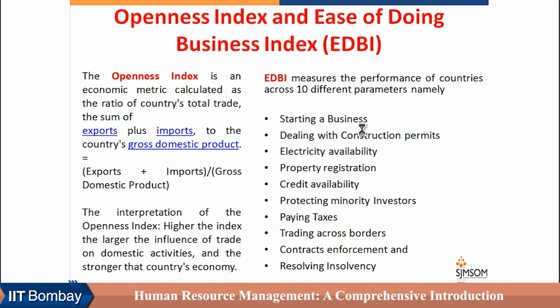The ease of doing business index includes 10 different parameters like starting a business, dealing with construction permits, electricity availability, property registration, credit availability, which is connected to the maturity of the banking system, protecting minority investors, that is how well the capital market regulator is functioning, paying taxes, what the tax system of that country is, trading across borders, what regulatory framework and permissions are required for trading across borders, contract enforcement and resolving insolvency.